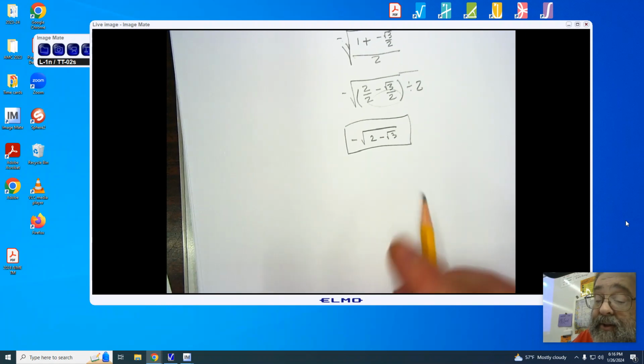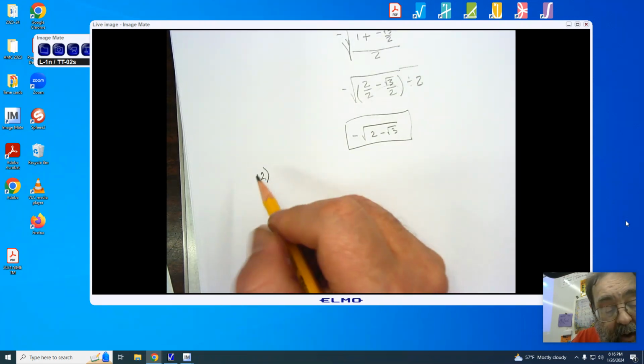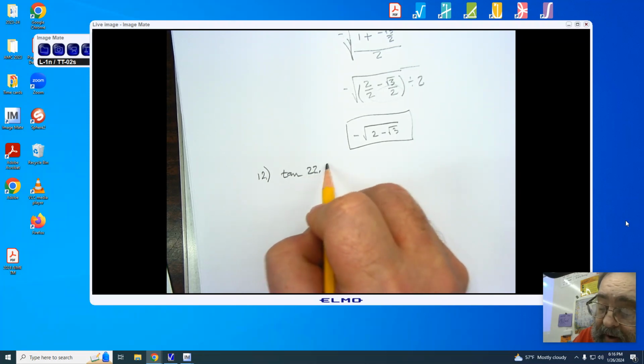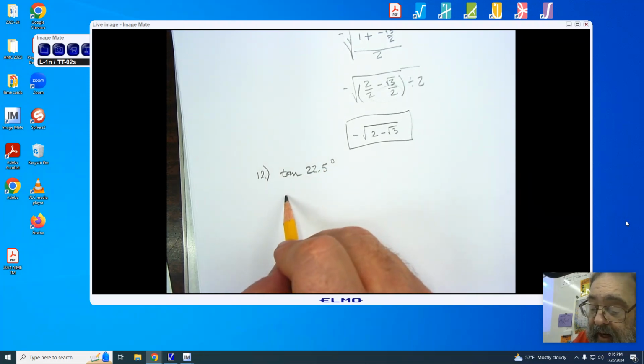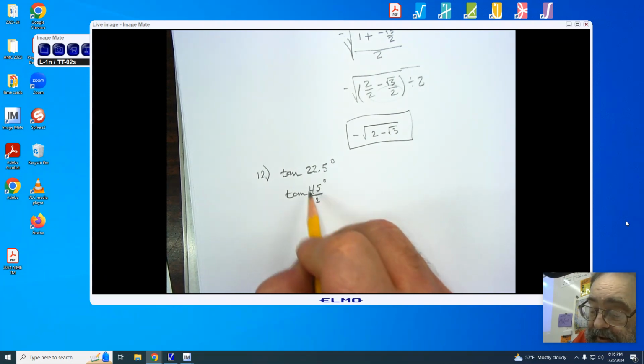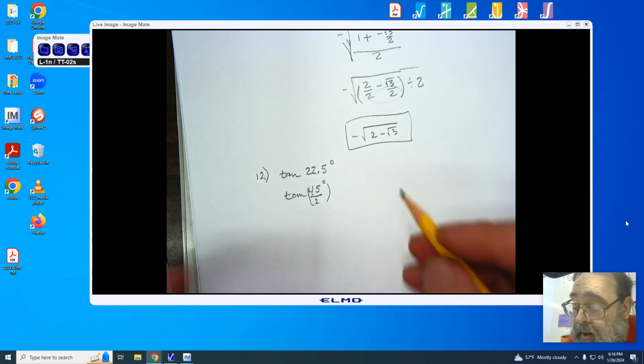Alrighty, this brings us to number 12. Number 12 has the tangent of 22.5 degrees. That means that I'm looking at the tangent of 45 degrees divided by 2. Now we know what our tangent can be.